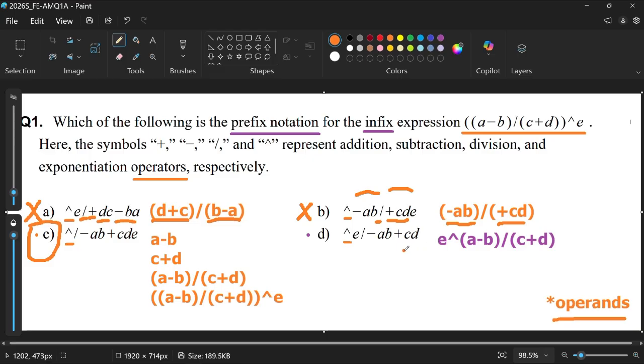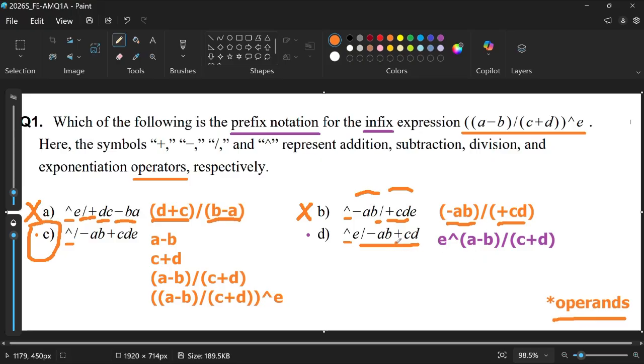But in the end, it also failed to adhere to the pattern where you gotta have the operator first and then two operands after. So if our expression is like this, then you have the raised to and then E, and then we are expecting another operand after. But here we have another operator, which is divide, and we get another operator, which is minus, and then that's when we get the two operands.